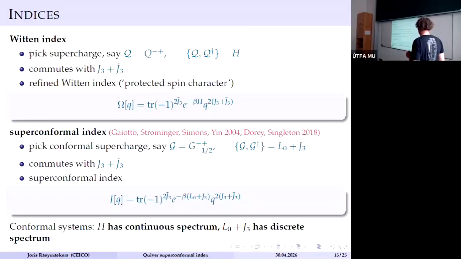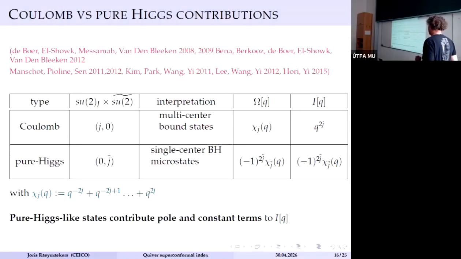While the thing that plays the role of Hamiltonian in the superconformal index is L0 plus J3, and that has a discrete spectrum, so that should be a more well-defined object in conformal systems.